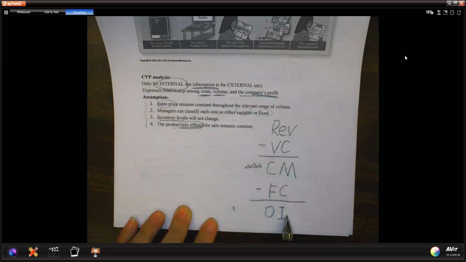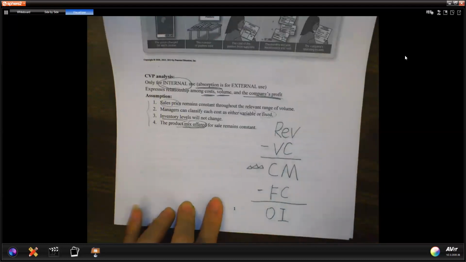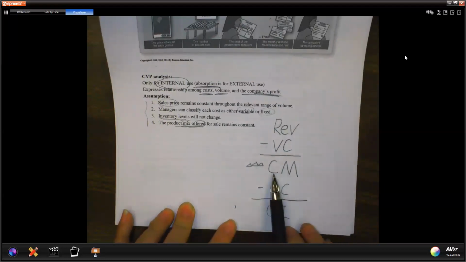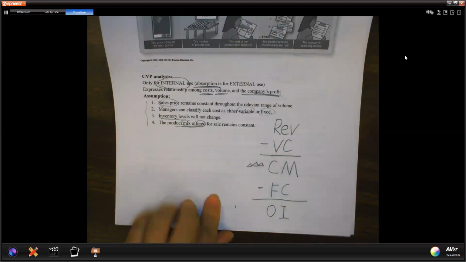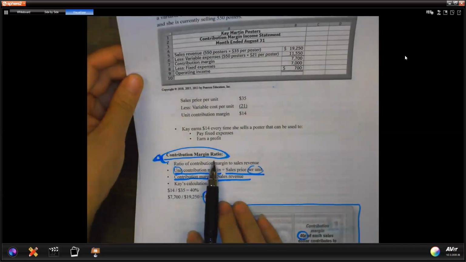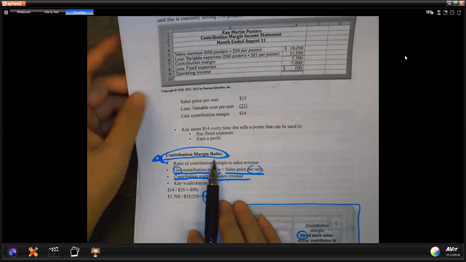Then the change of your operating income will be the change of your contribution margin, which is the difference of revenue and your variable costs. We call it the contribution margin because that's the part that contributes to cover our fixed cost and also increase our operating income. The contribution margin ratio is also a very important tool.